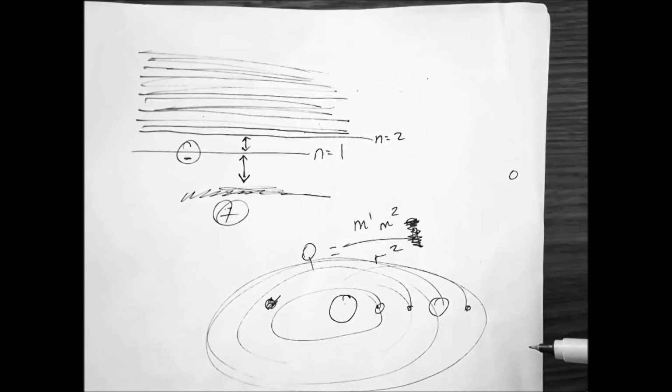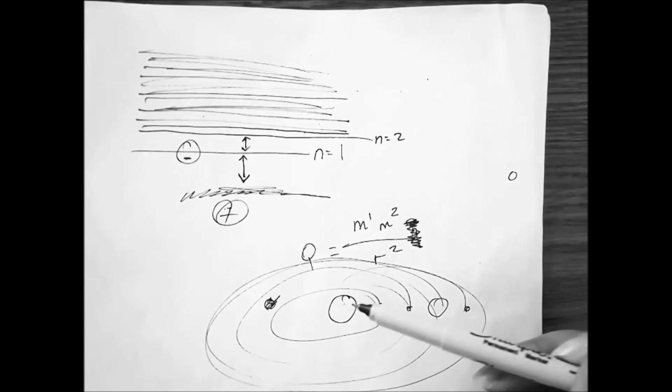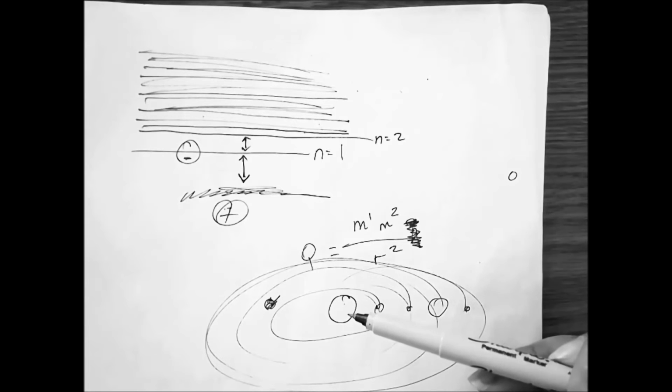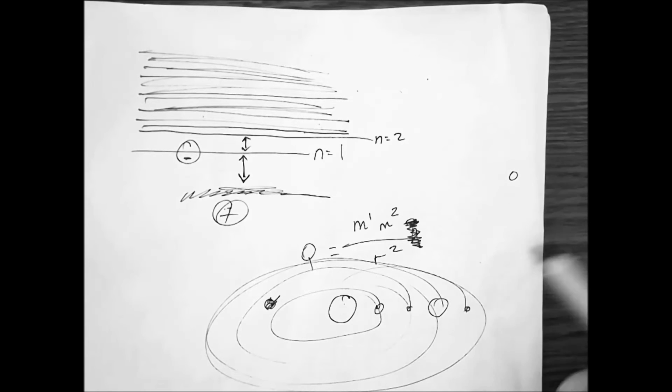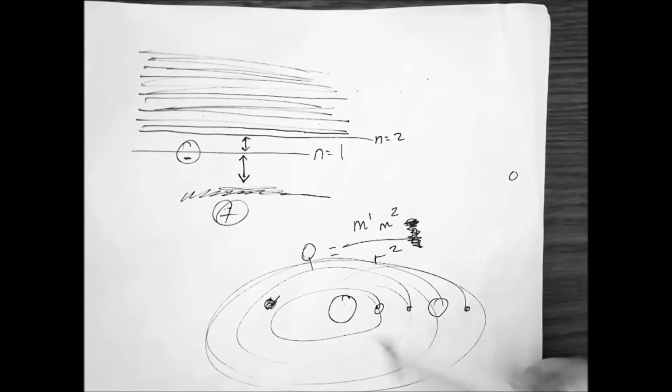It's too far out. What force would make the asteroid go around the sun? Gravity. But is the gravitational force of the sun powerful throughout the entire universe? Is every single object in the universe going around the sun? Why is not everything going around the sun? It's not close enough.